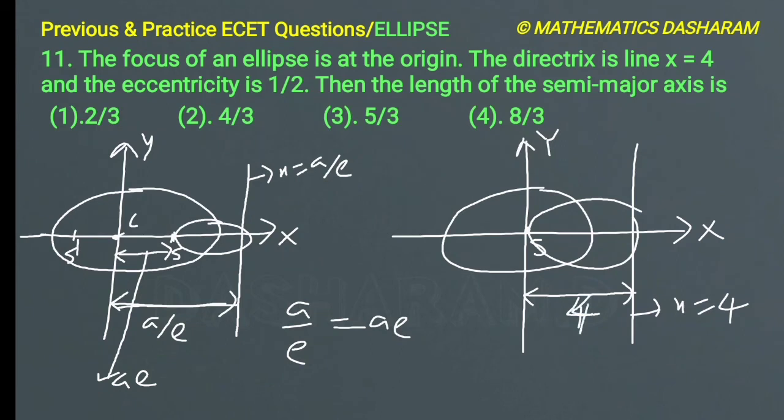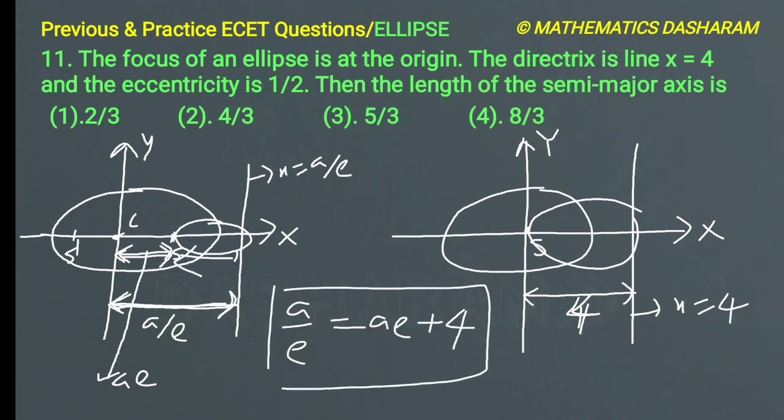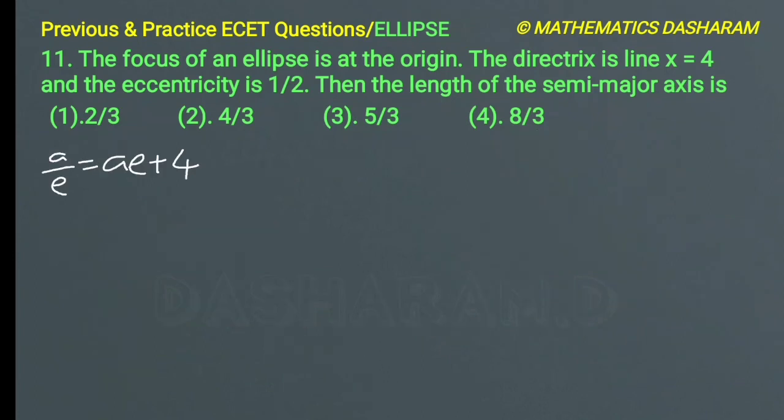So a by e equals to AE plus 4. Because a by e means this total distance, it is equals to AE, and next this is 4. So from this condition, let's find out the a value. Now a by e, eccentricity is 1 by 2. So a by 1 by 2 equals to a into 1 by 2 plus 4.